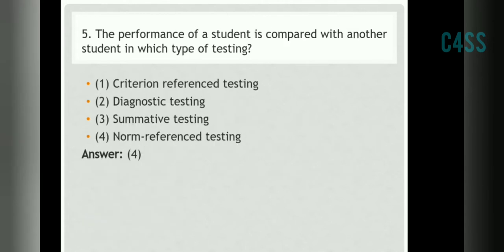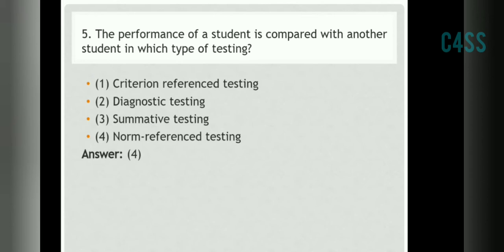The performance of a student is compared with another student in which type of testing? Answer is norm referenced testing, because in criterion referenced testing, the skill knowledge is compared against a predetermined standard or a learning goal, while in norm referenced testing it is compared with other students.